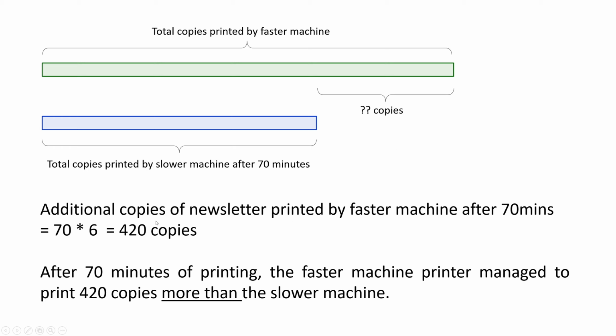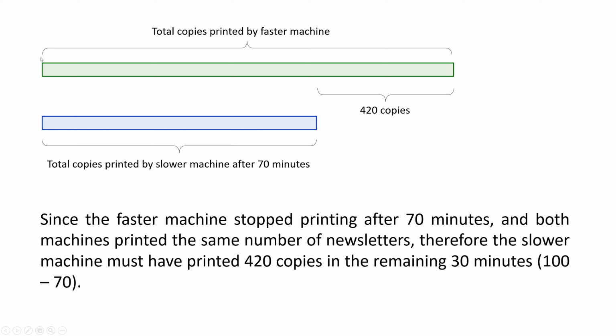So, to find the additional copies of newsletters printed by the faster machine after 70 minutes, we simply take 70 multiplied by 6, we have 420 copies. After 70 minutes of printing, the faster machine managed to print 420 copies more than the slower machine.